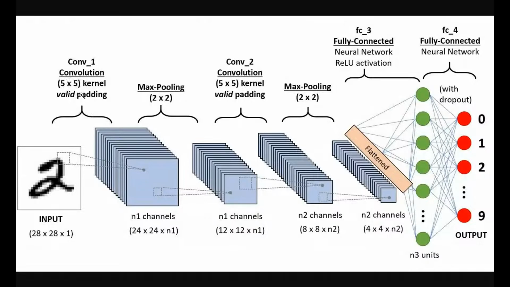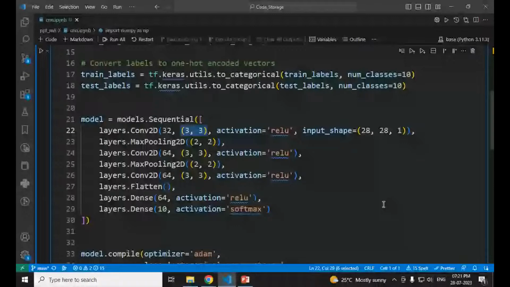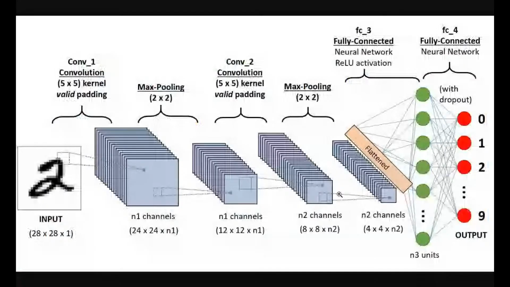Kernel valid. This one is valid padding, and we have max pooling of 2 cross 2. What we have here in our program, we have 2 cross 2. You understand that? Then the kernel size is the same. Here we are changing. Here it is 24 by 24.